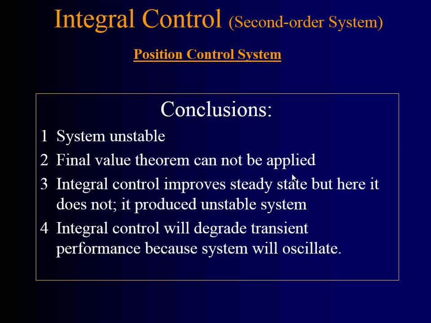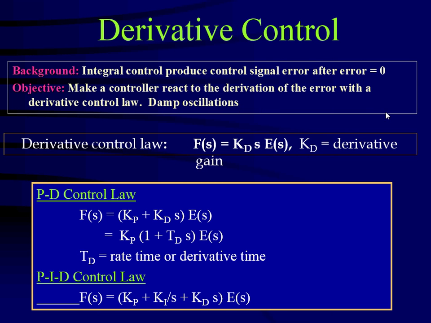Then the other consequence is the final value theorem cannot be applied. Third, the integral control improves the steady state error, but it produces an unstable system in the example prior. Integral control will degrade the transient performance because the system oscillates. So you don't want lots of oscillations as you are trying to control, but it gets rid of the error.